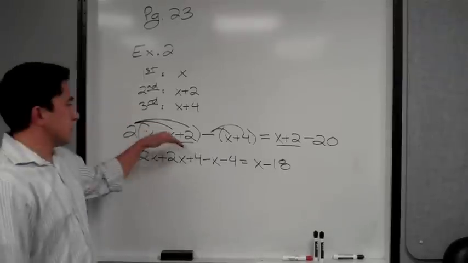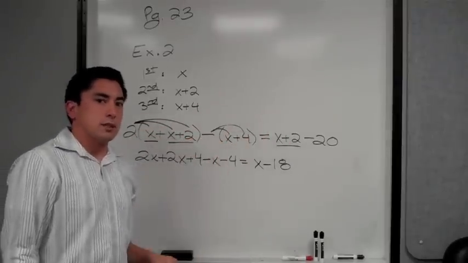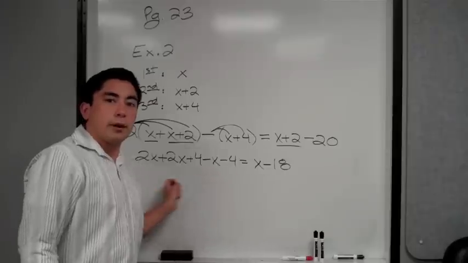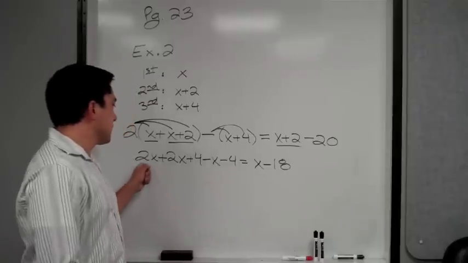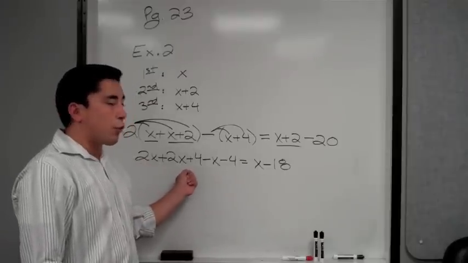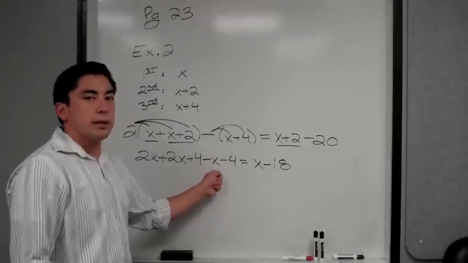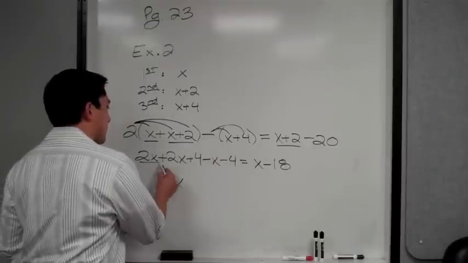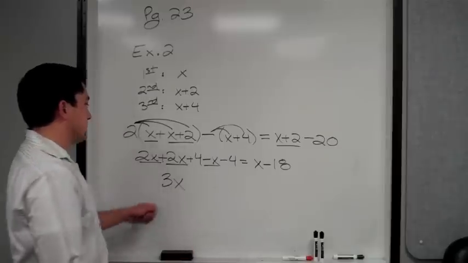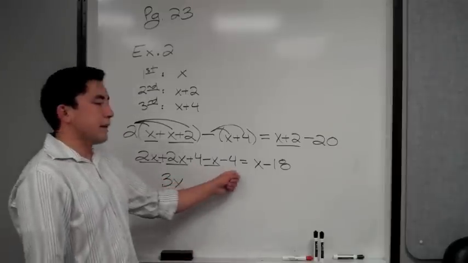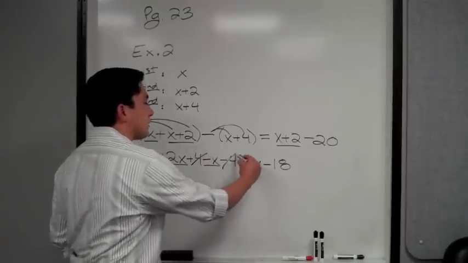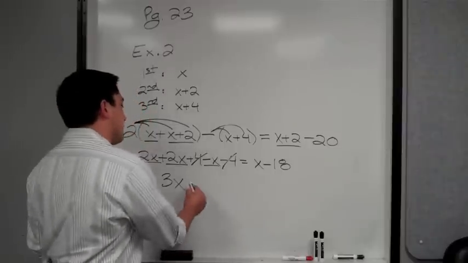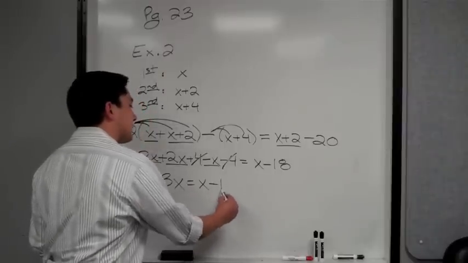All I did was distribute, combine like terms. Now, since I don't have any more parentheses, I'm just going to combine like terms. 2x plus 2x is 4x minus 1x. So that gives me 3x. 4 minus 4, those actually cancel each other out, so that makes this problem a little easier. Equals x minus 18.